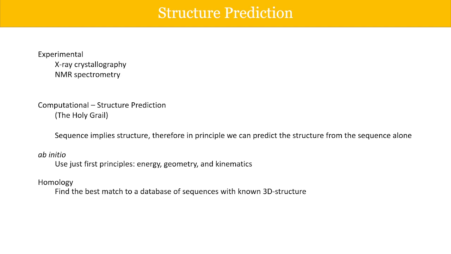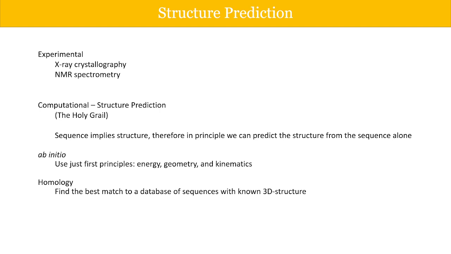Then there are computational methods of structure prediction, where you have AlphaFold, Rosetta, and then the Holy Grail: the sequence implies the structure. Therefore, in principle, we can predict the structure from the sequence alone, because you know what groups of amino acids will fold in what manner and form what type of structure.